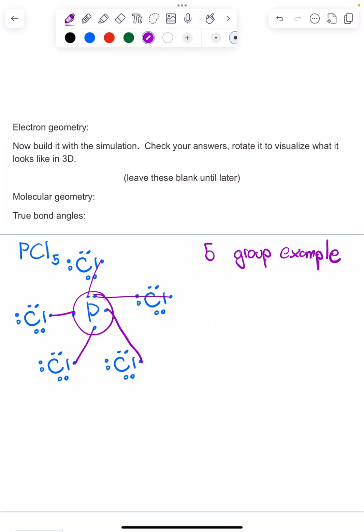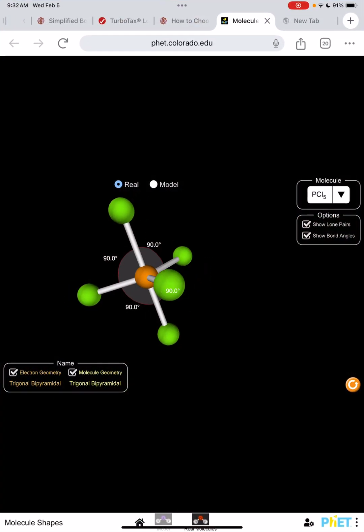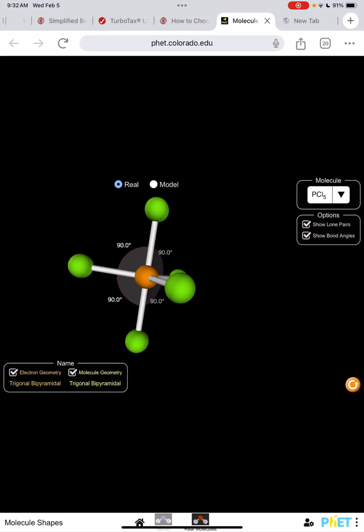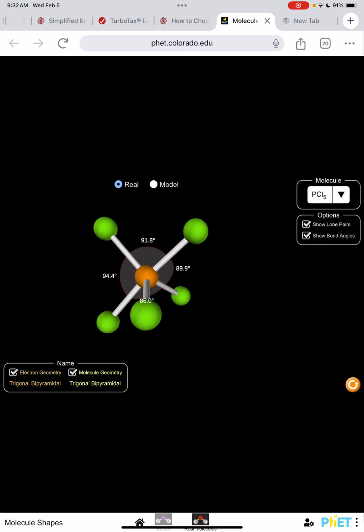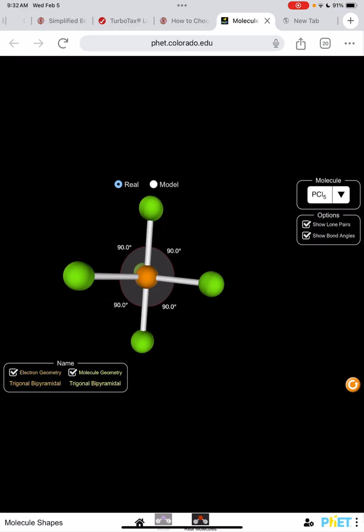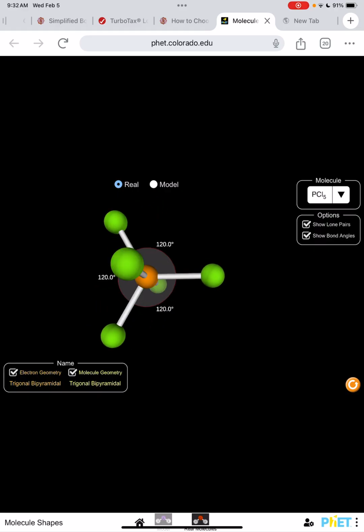So we're going to go back to here, the 5-group example. The electron geometry is called trigonal bipyramidal. And that's because if you look at the structure, picture the top part as a pyramid and the bottom part as a pyramid.